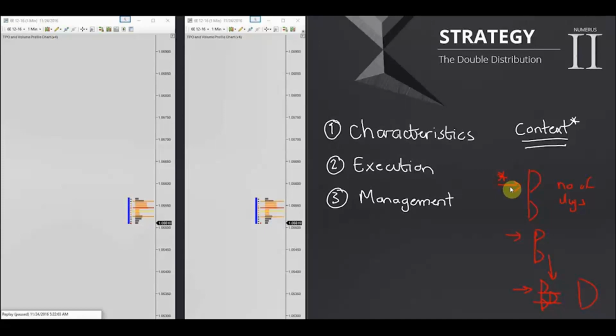Now, the first thing to understand is that we need to just talk a little bit about the context of what was happening in the euro-dollar FX before we started with this distribution. So if we look just towards the left side, on day 1 we had effectively a big double distribution where the market had formed 2 separate little areas of acceptance.